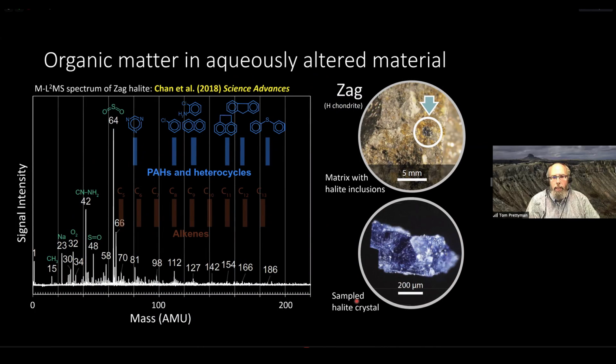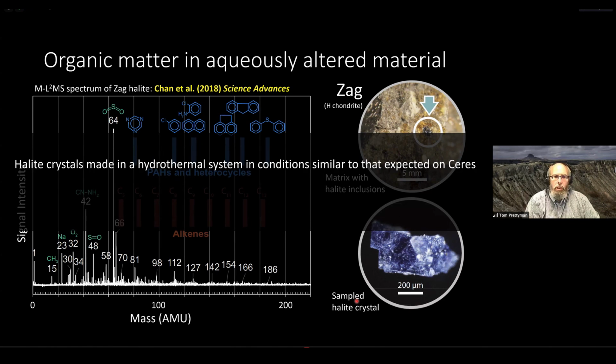Okay, and then one thing that everyone should be aware of is the meteorite Zag. It's an H chondrite that contains exogenic materials in the form of halite crystals, and it turns out these halites contain organic matter, and these may have been made in hydrothermal systems very similar to that of Ceres.